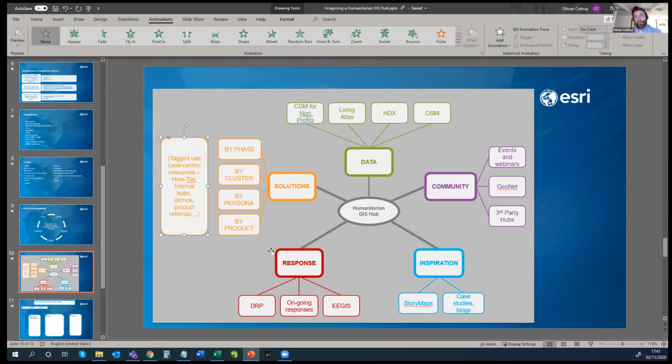We're going to need to start populating it, of course. And what I could imagine is that we could also start using the hub from Esri's perspective to identify themes for webinars, so that we're actually speaking to a specific thing that we see on the hub and really focus on that, and then populate the hub based on the webinar and those discussions, and really try to foster discussions around specific themes that you can then find in the hub.